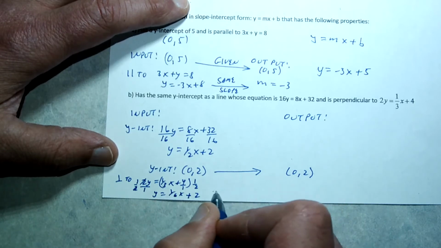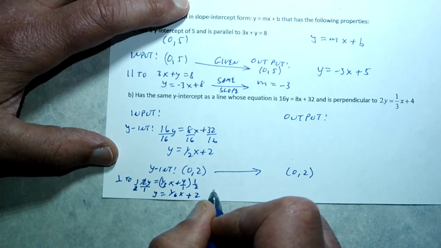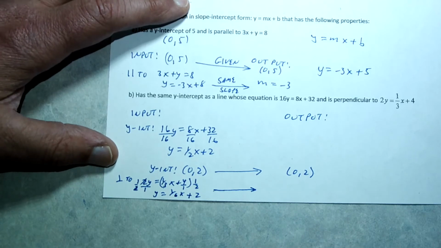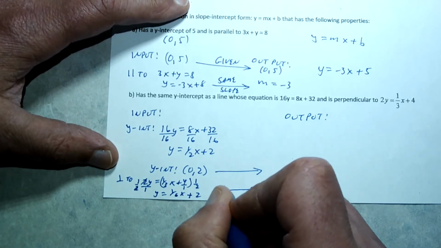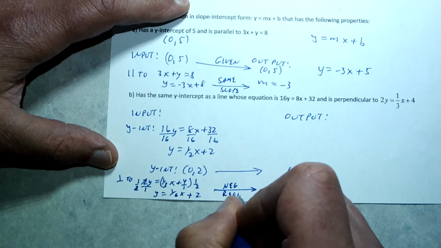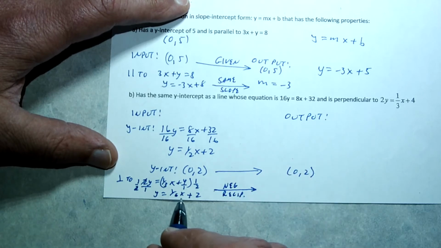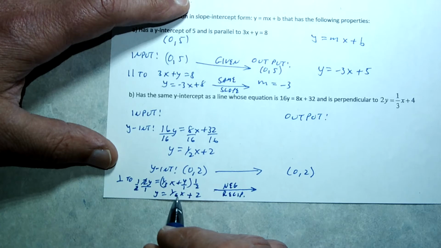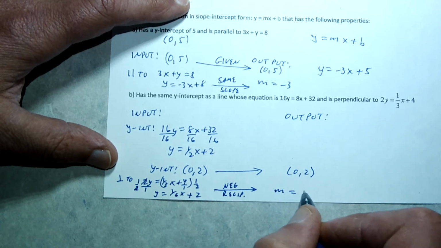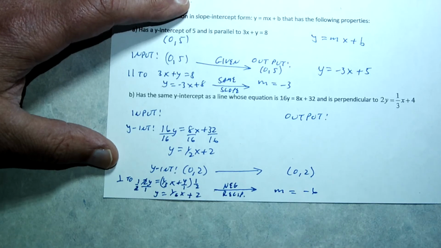And we know that slopes are negative reciprocals of each other when they're perpendicular. So the negative reciprocal of that 1/6 slope will be negative 6/1. And so my slope is going to be negative 6/1, or simply negative 6.